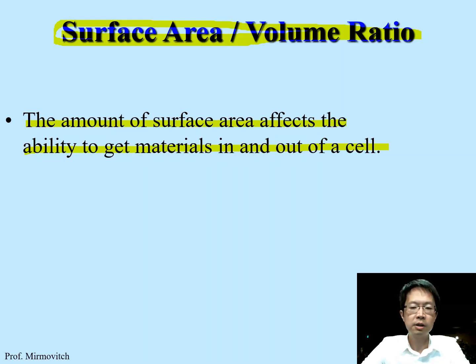Let me give you an example. In our lung, in the human lung, we know that it is for exchanging oxygen and carbon dioxide. Let's say you take out the lung and flatten it out, so that you expand all the surface area of the lung to put it on the ground.